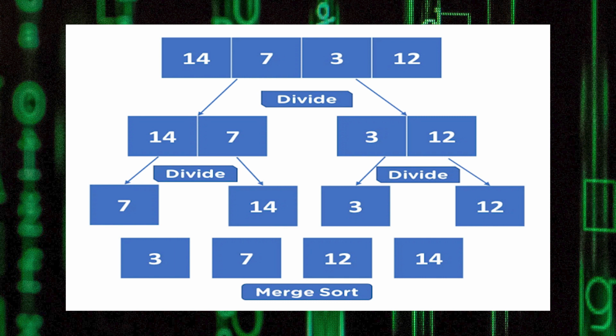In the first phase we divide the array of 4 elements into 2 arrays, that is 14 and 7, and the rightmost array is 3 and 12.